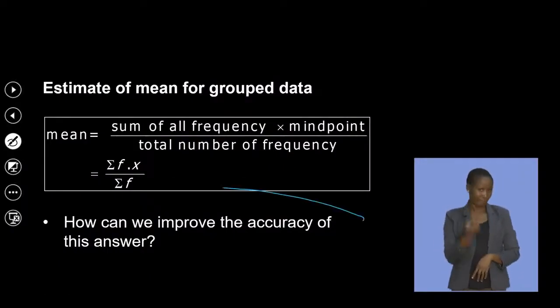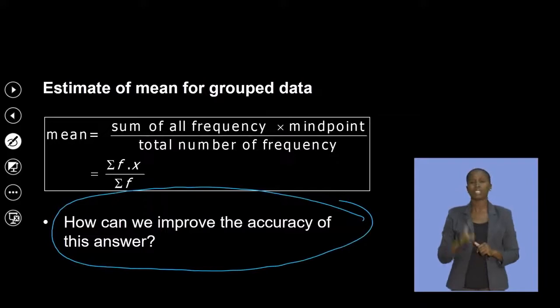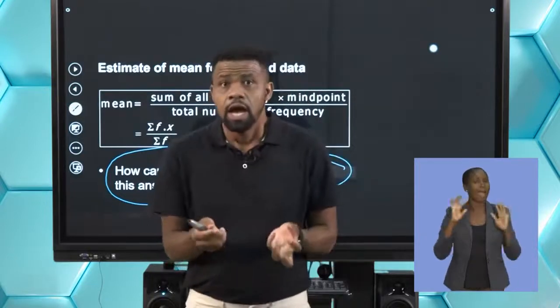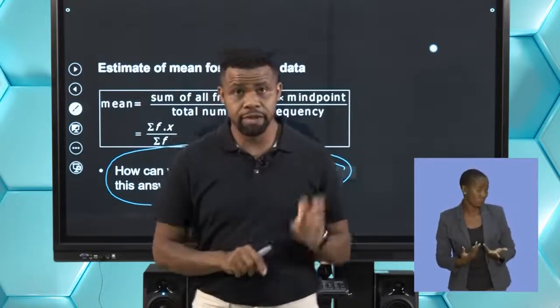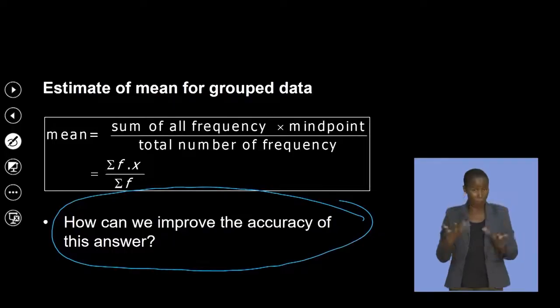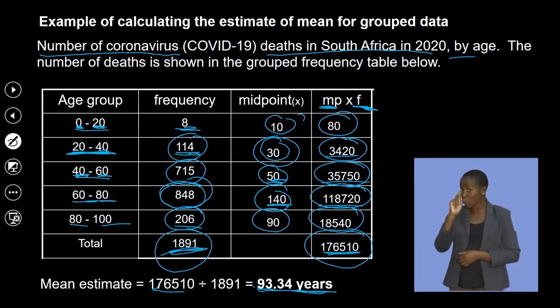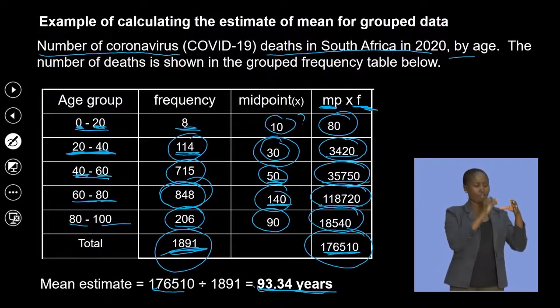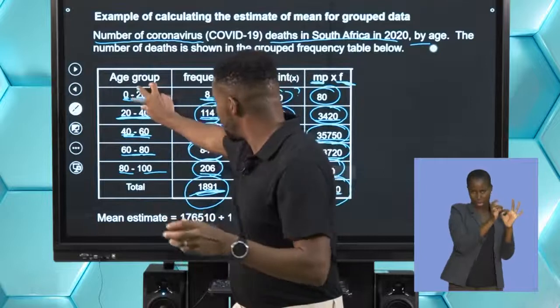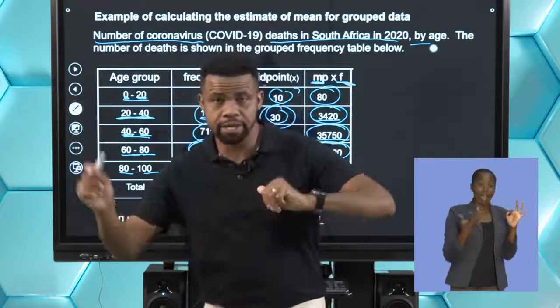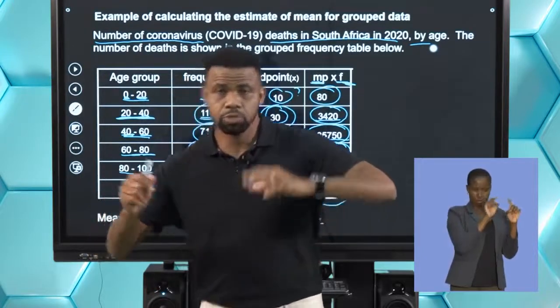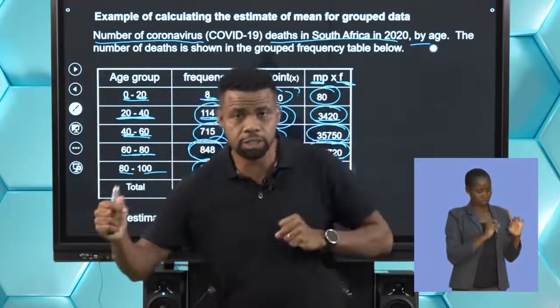How can we improve the accuracy of this answer? The best way we can improve the accuracy, I think, if you look at the groups, you have 0 to 20, so we can make the groups smaller. Look at age groups 0 to 10 maybe, 10 to 20, 20 to 30, 30 to 40, and so on.